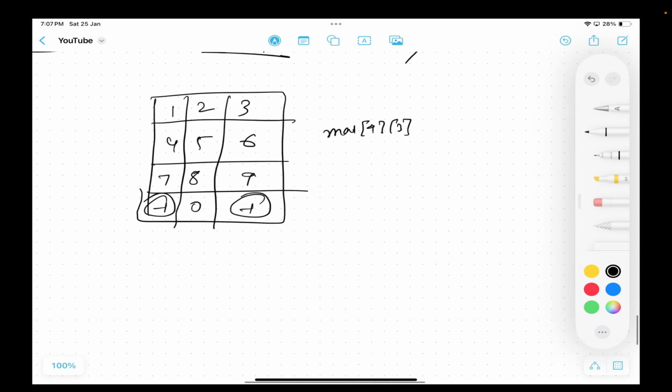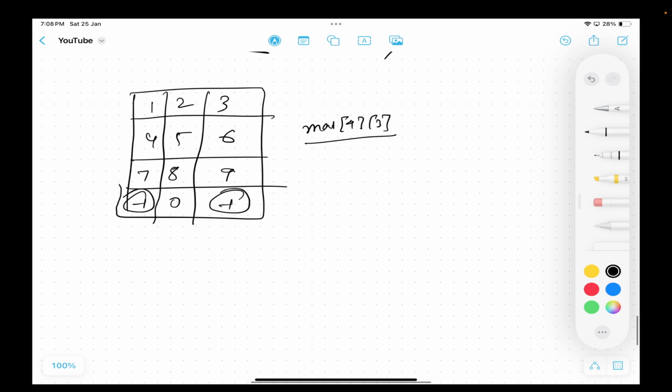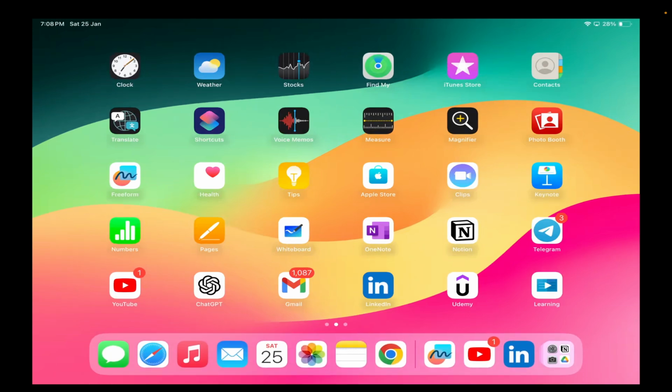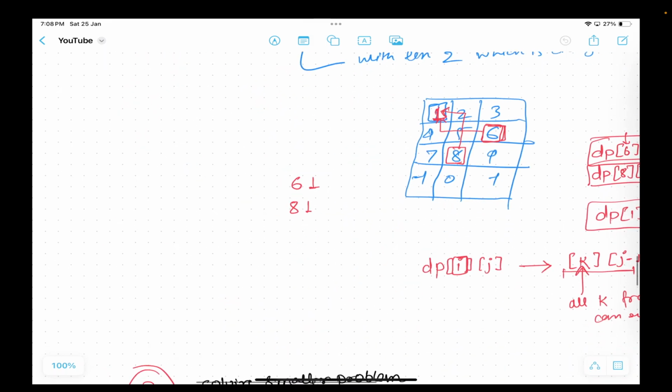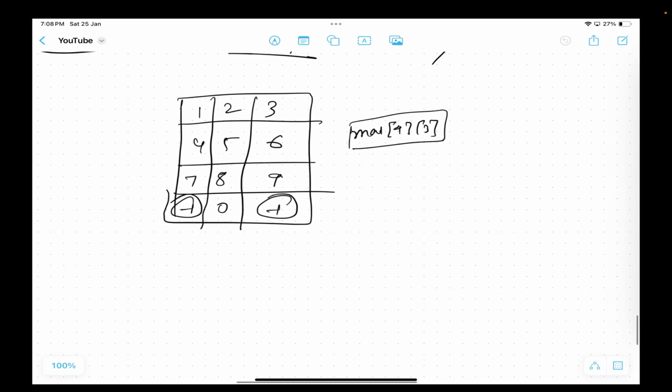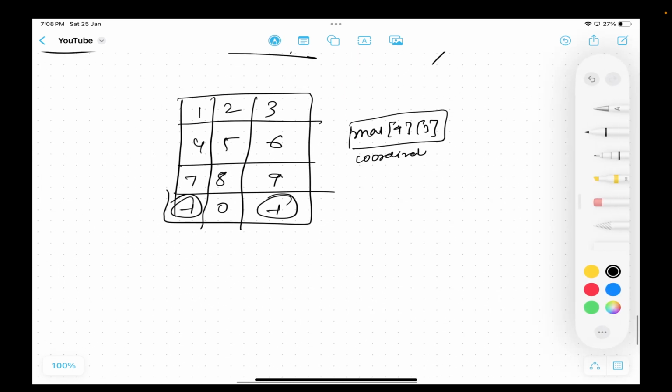Now we have to do one more thing: store the coordinates of every number. Why? I will tell you. For 1 it is 0 0, for 2 it's 0 1, for 3 it's 0 2. Similarly, for every number we have to find out the coordinates.